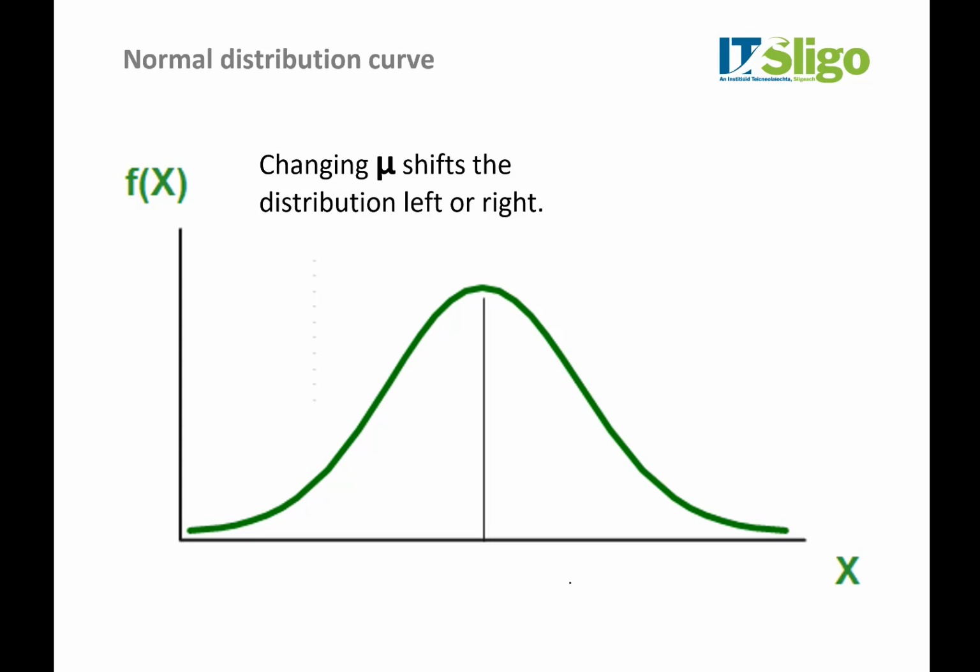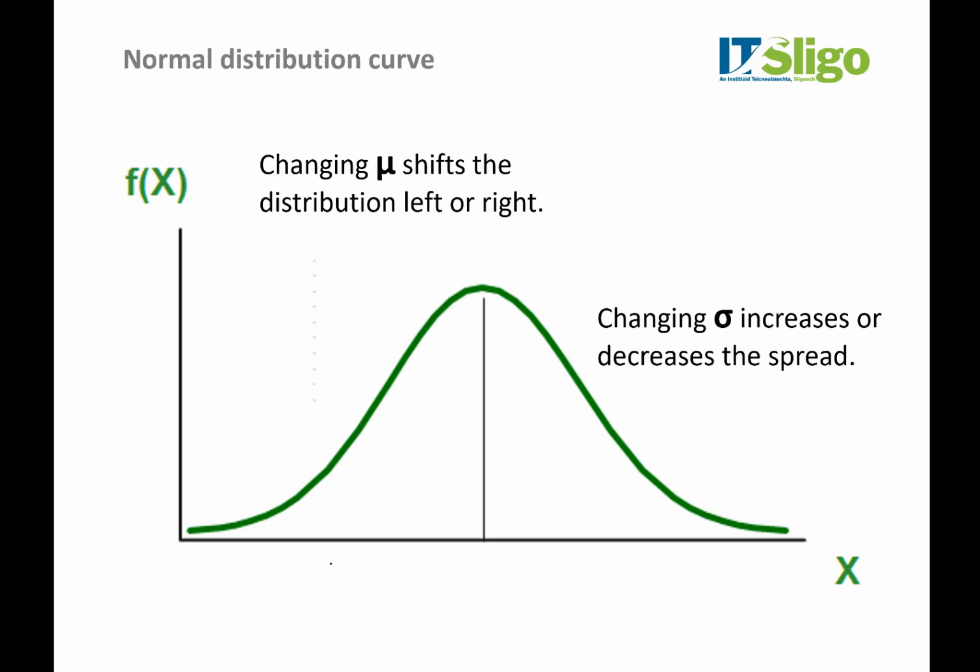If we change the mean, it's this value. So if the mean increases, then the whole curve moves to the right. If the mean decreases, then the whole curve moves to the left. It stays the same shape, it just slides to the left or right on the x-axis. That's what happens if we change the mean.